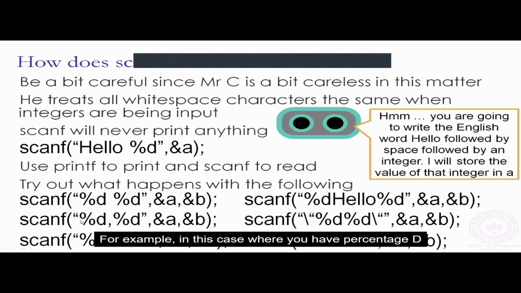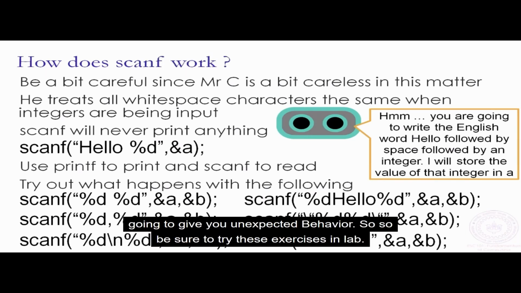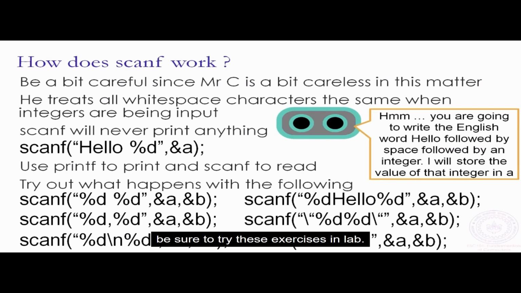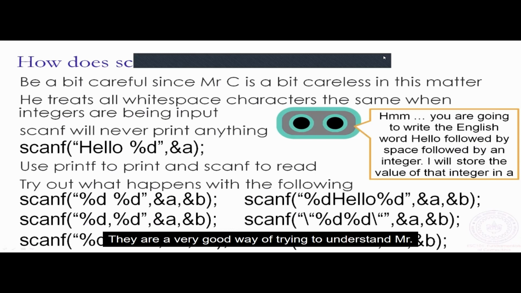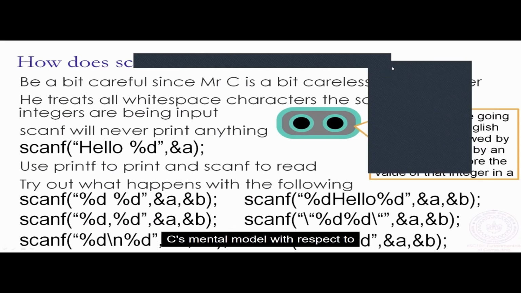For example, in this case where you have %d followed by a comma followed by the next %d, it is going to expect that you'll have a number followed by a comma followed by the next number as the input. Otherwise, it is going to give you unexpected behavior. So be sure to try these exercises in lab. They are a very good way of trying to understand Mr. C's mental model with respect to scanning.